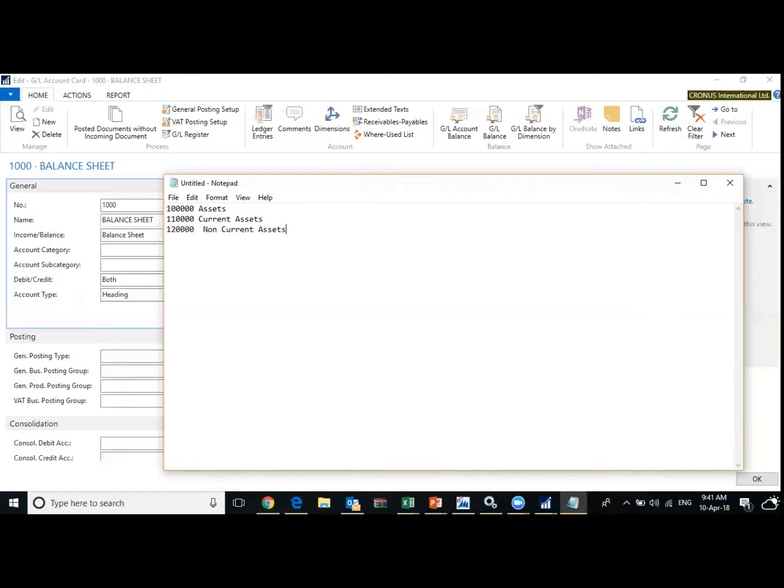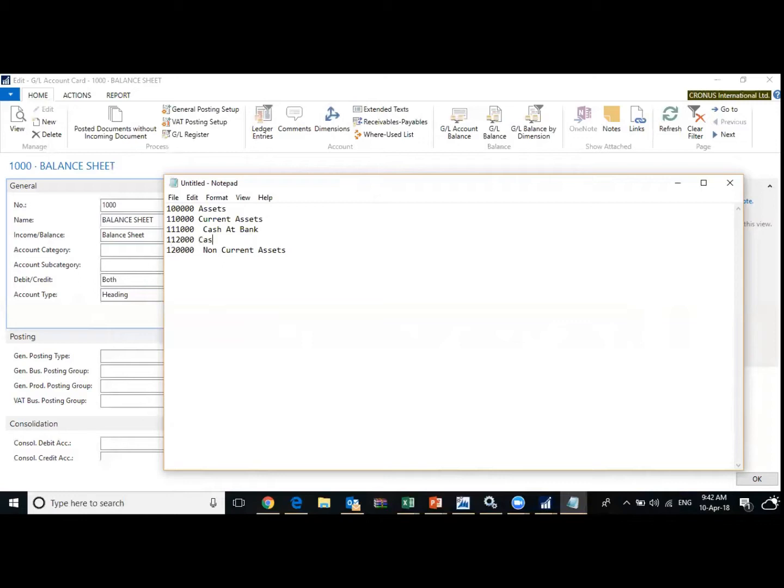Now under current assets and non-current assets, you need to do further grouping. So in the current assets, I will say 111000. I have my cash at bank. Then I have 112000.